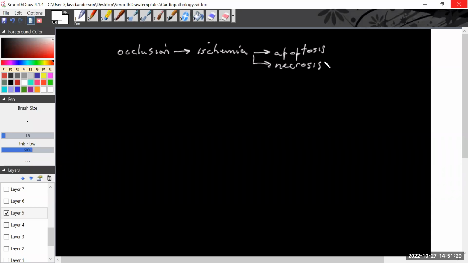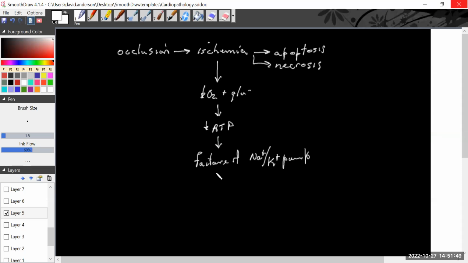Basically, what we're going to see, of course, is that same cascade that we talked about when we looked at ischemia a couple of weeks back: a decrease in oxygen and glucose, a decrease in ATP, failure of the sodium-potassium pump. And that's what's ultimately going to give us our cell death.